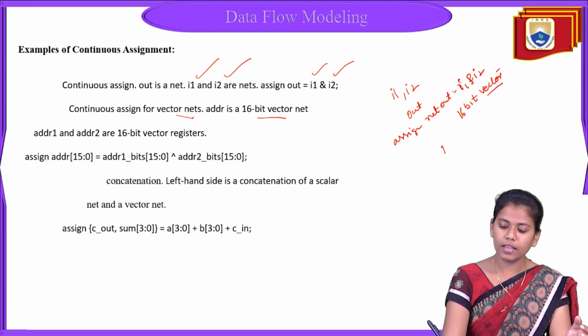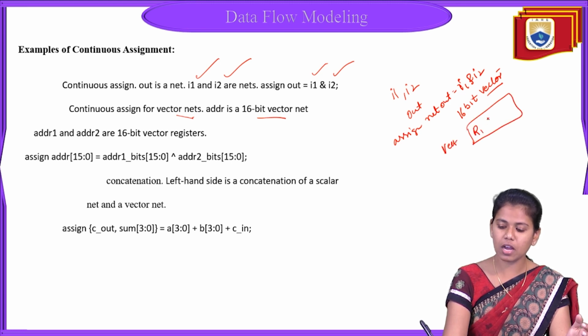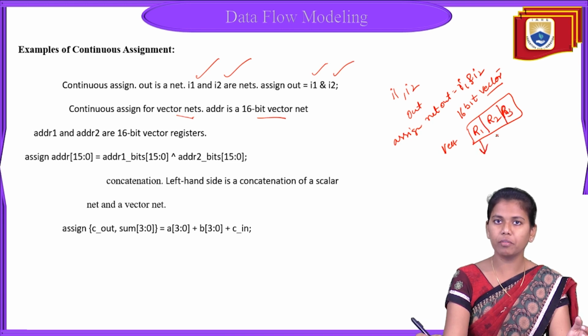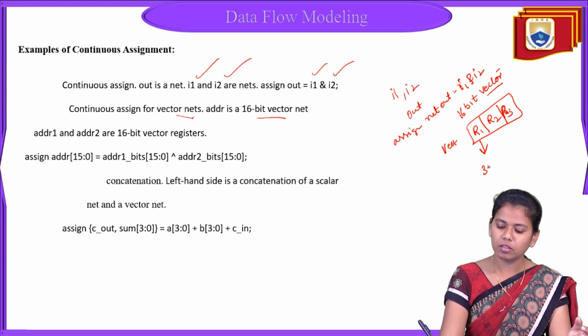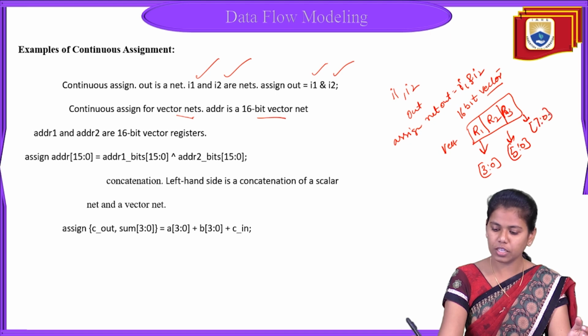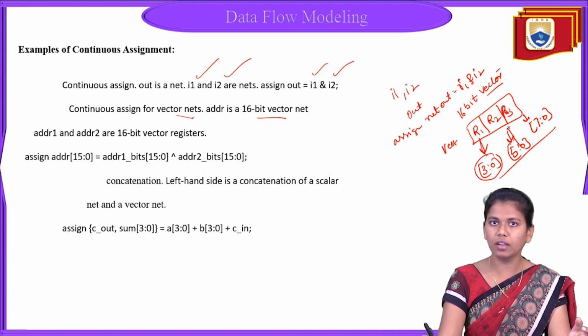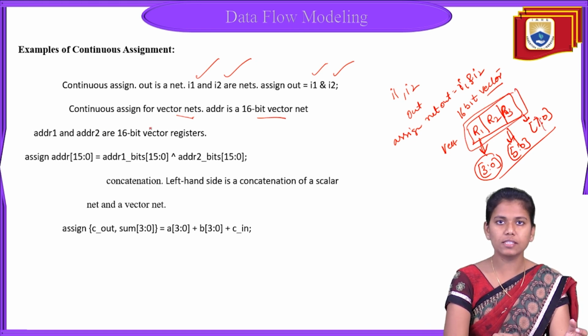If you have more than one register, R1, R2, R3, each individual register will have some bits, like 3:0, 5:0, and 7:0. These are the bits grouped into individual registers, and so we call it a vector. So the continuous assign for the vector address is a 16-bit vector net.